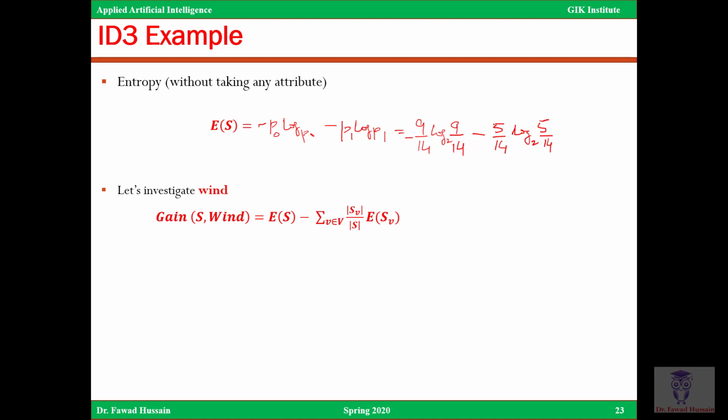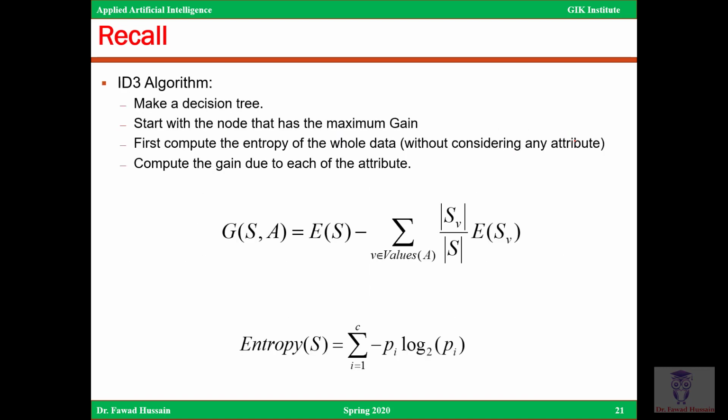So this 9 and 5 correspond to the yes and no of the category, and 14 is the size of the data. If we solve for this, we end up with 0.94. So this value is the entropy of the data without using any attribute.